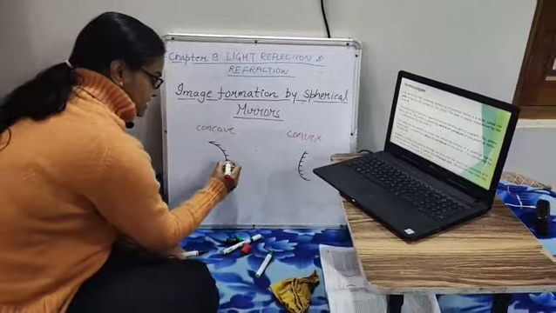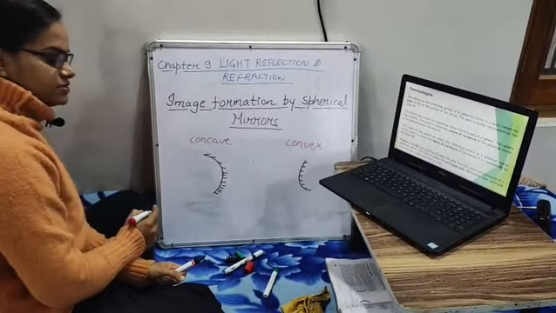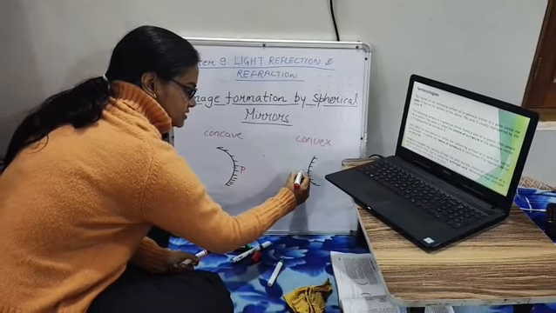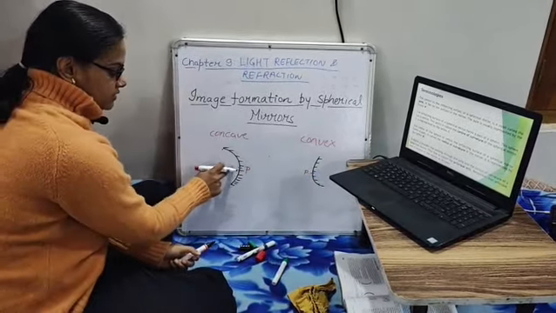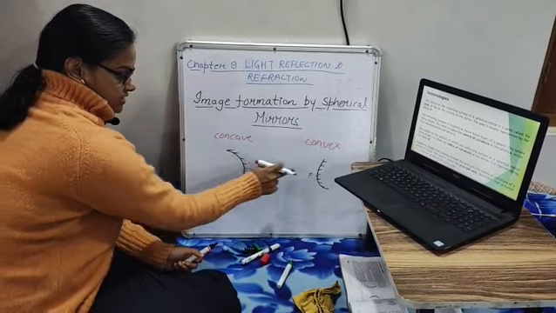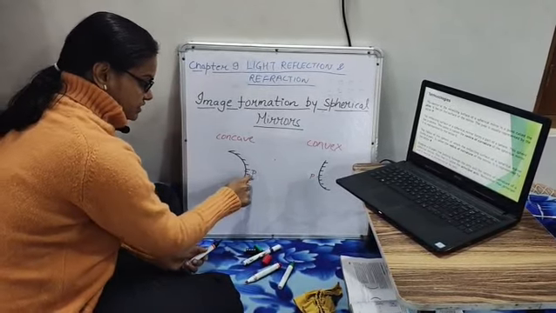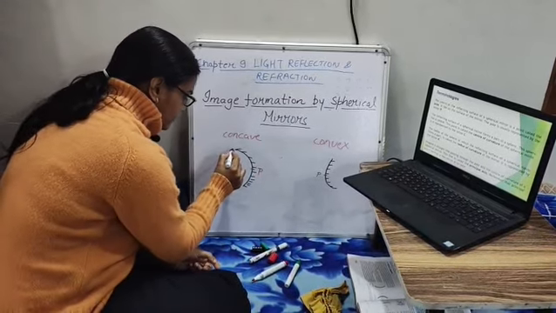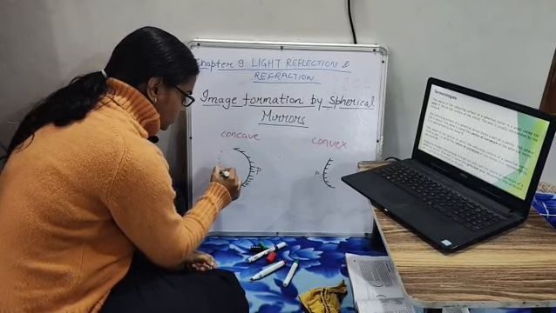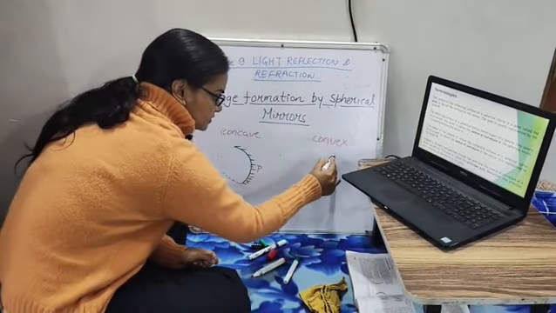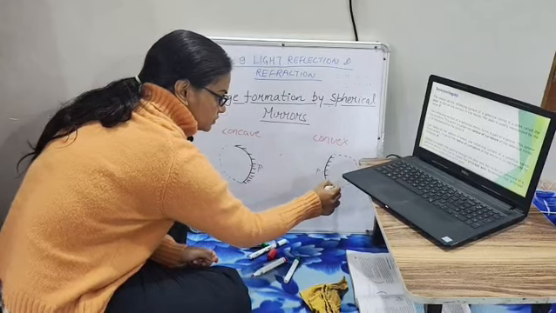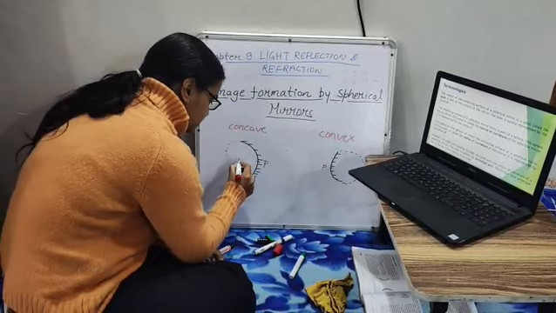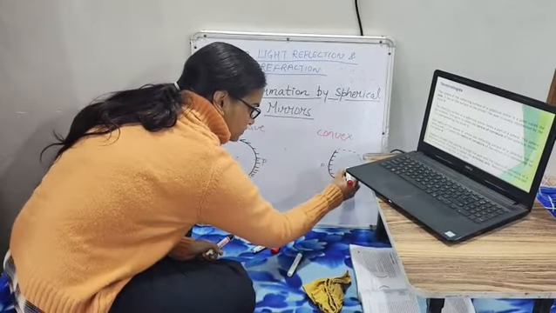The center of the reflecting surface is called the pole. In this case, this is the pole, the center of the reflecting surface, which lies on the reflecting surface itself. Now when we draw it, it will form a complete sphere like this. The center of the sphere is called C, known as the center of curvature.